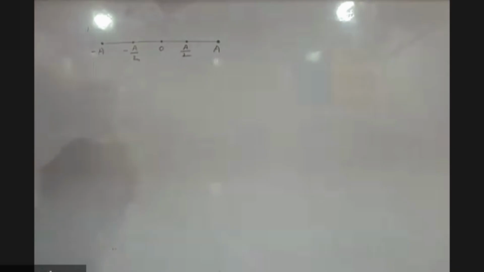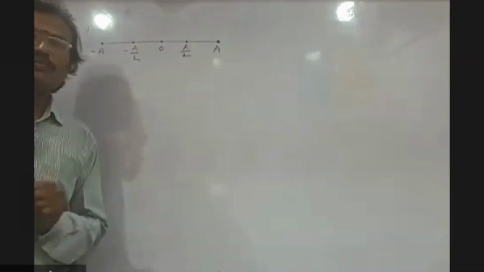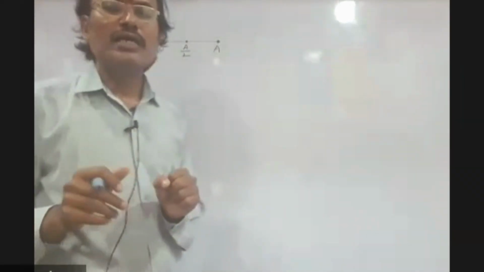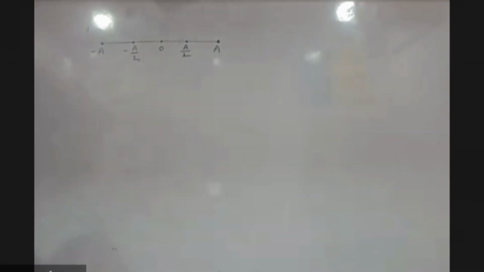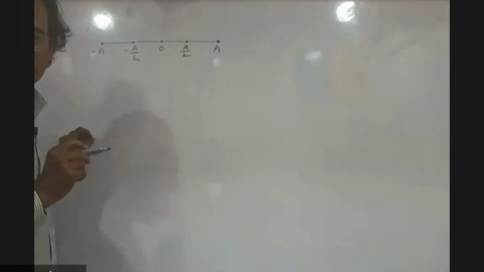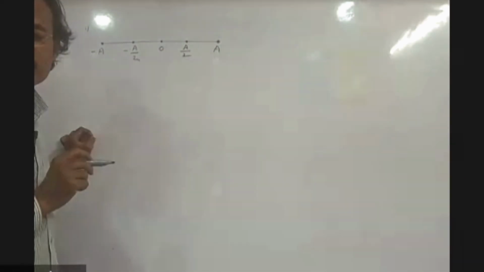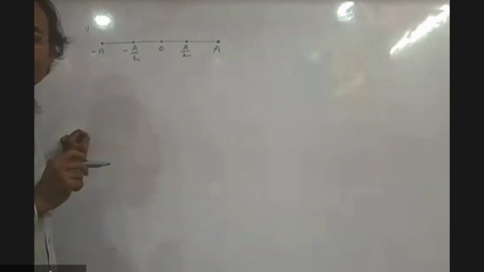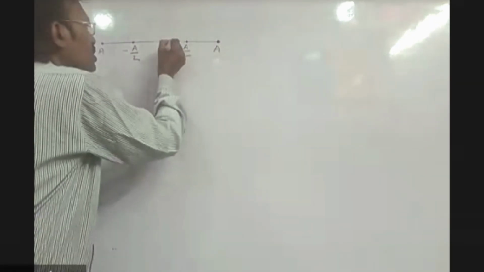First consideration. Now from where the particle is moving, that we need to calculate. Here I'm taking the first condition: the particle is moving from mean position to A by 2.